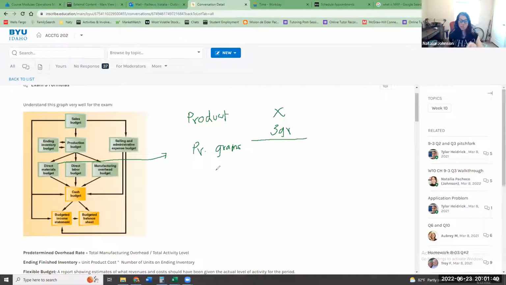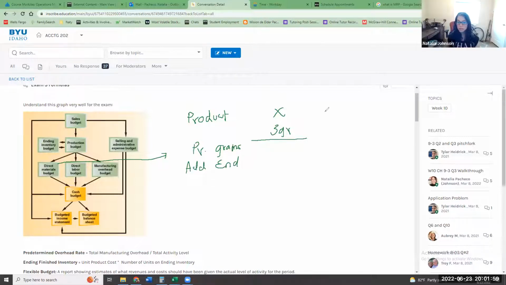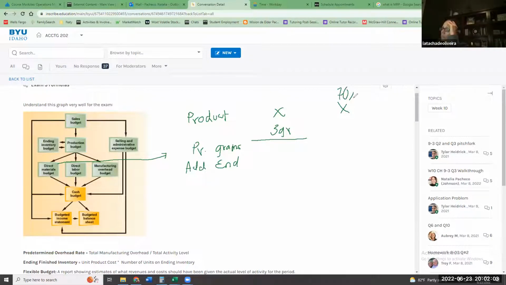Now it's going to be really similar to the production budget because we're going to add, again, the ending inventory of raw materials. And it's usually a percentage for the next month, say 70%.